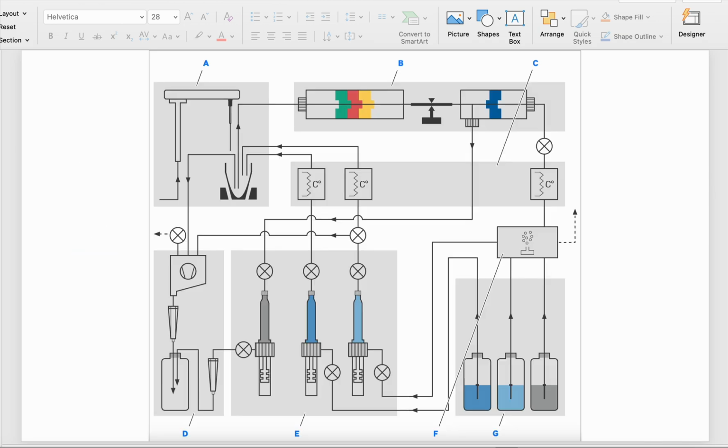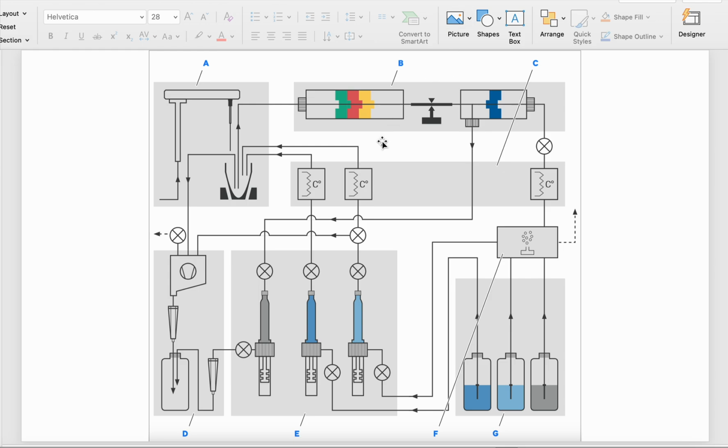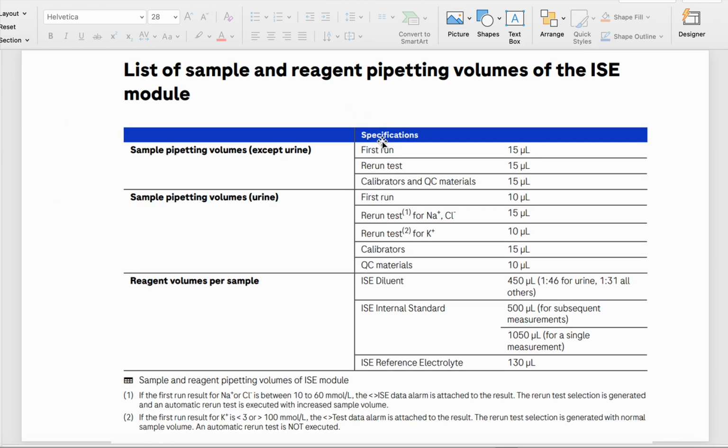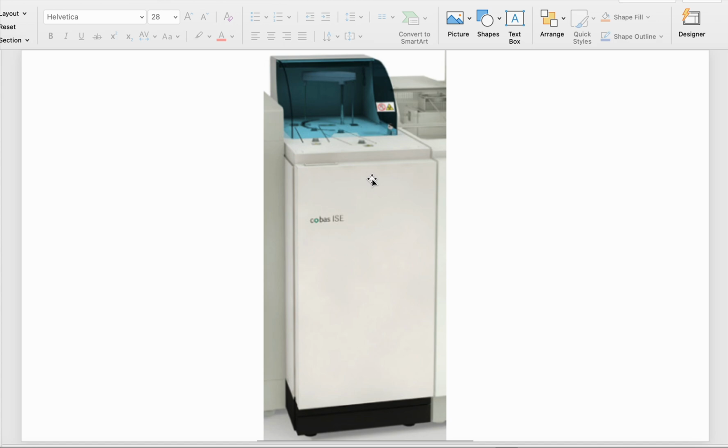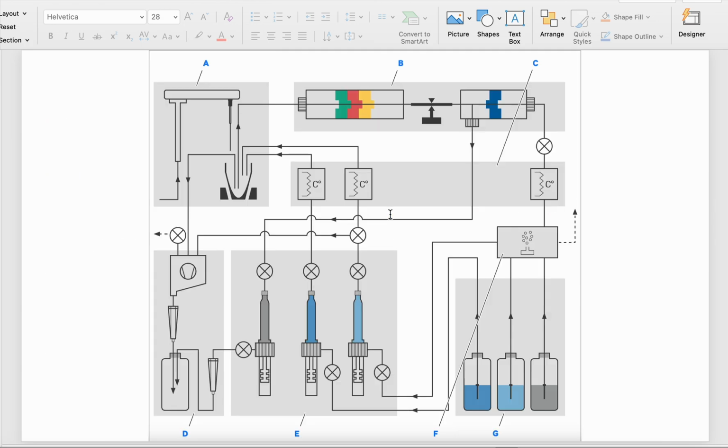So this is what this is. Let me go back. Yeah, when you take the cover off this machine, that's what this is, and this is the flow.